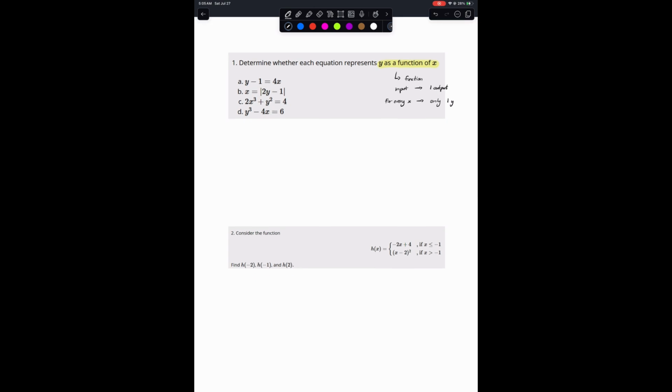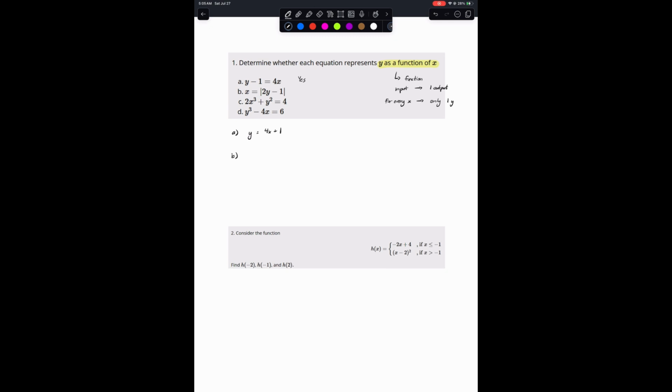So for a, you can rewrite this as y equals 4x plus 1. And you can probably see that every time you put in an x value, you get one y value. So a is indeed a function.